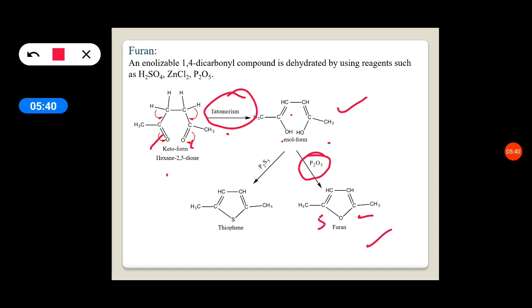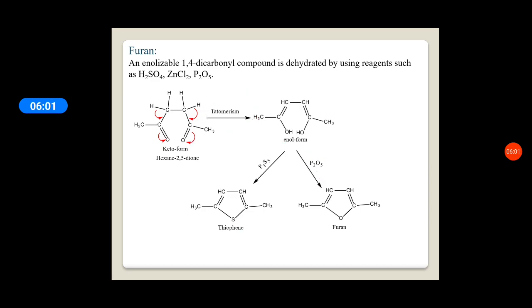The same enol form, when treated with phosphorus pentasulfide, also undergoes dehydration and gives thiophene. Again it is a derivative of thiophene, 2,5-dimethyl thiophene is obtained.